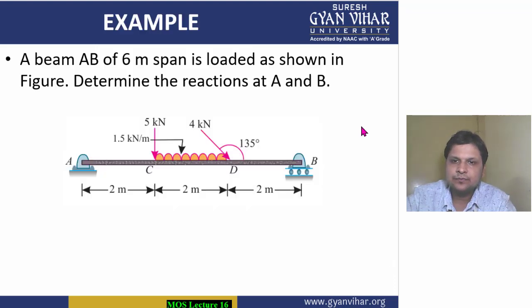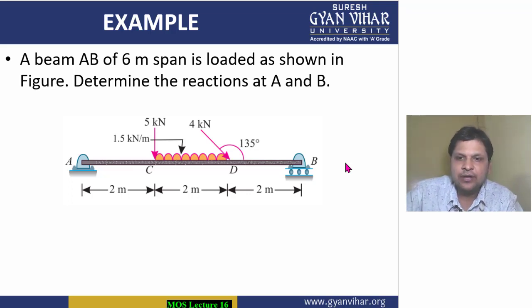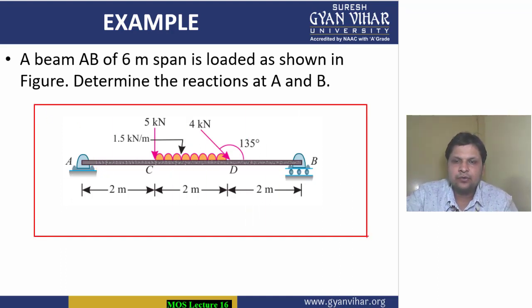Now, moving further, we will solve an example in which we have to calculate the end reactions. You can see in the figure, students, that the question says the span of the beam AB is 6 meters, the total distance from here to here.